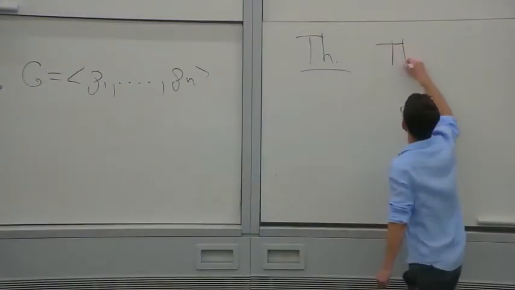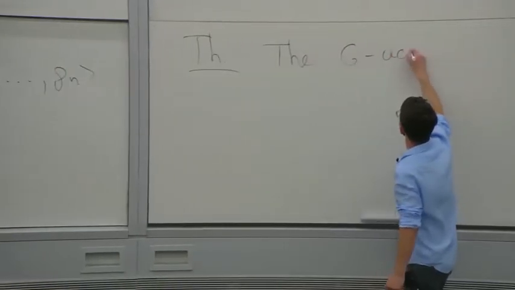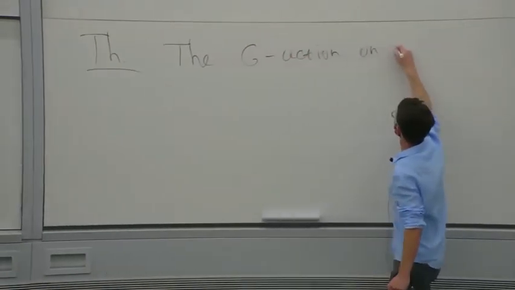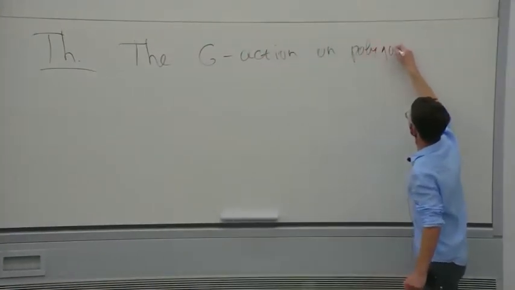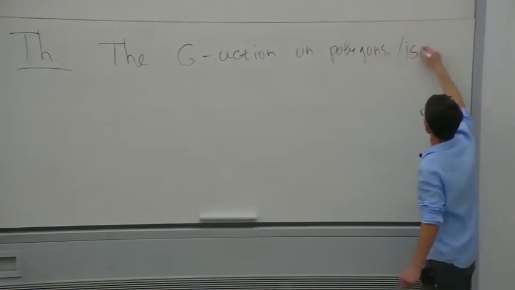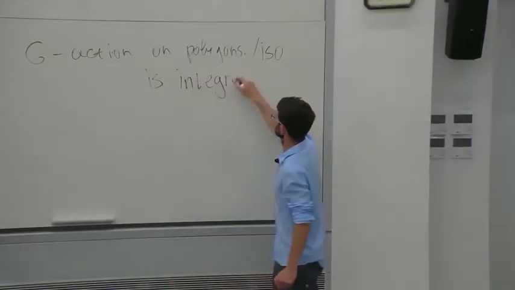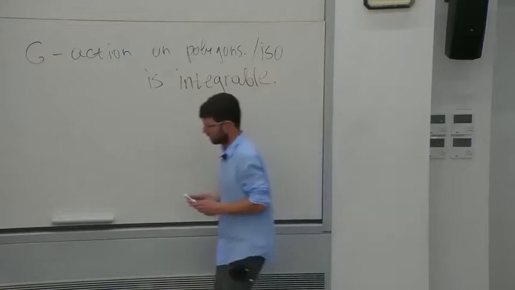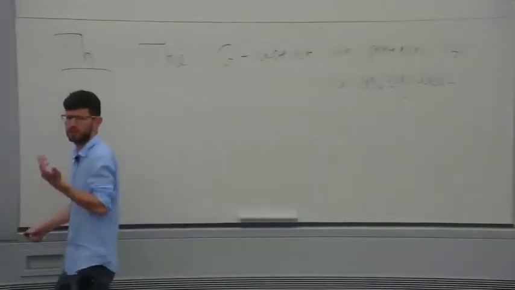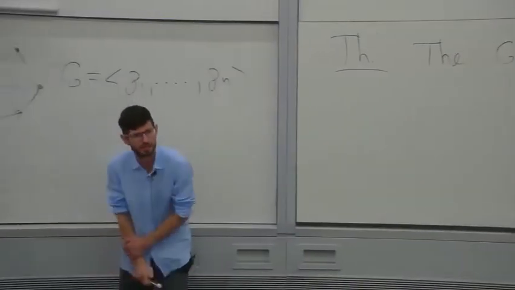So the G action on polygons mod isometries is integrable. And well, the definition of an integrable group action, yes.